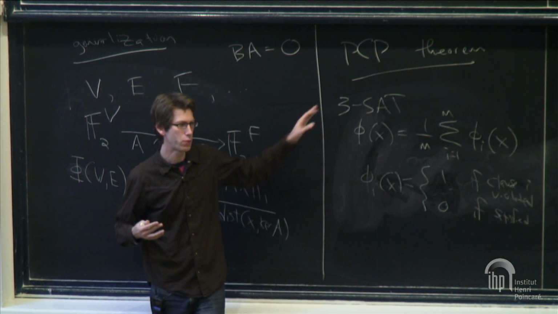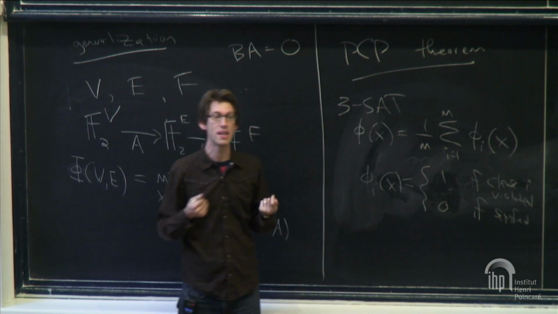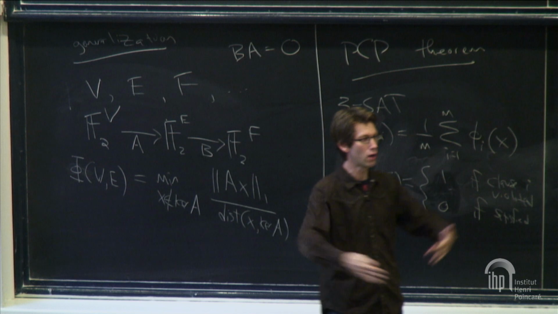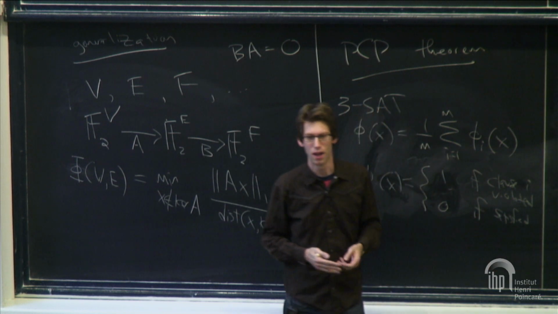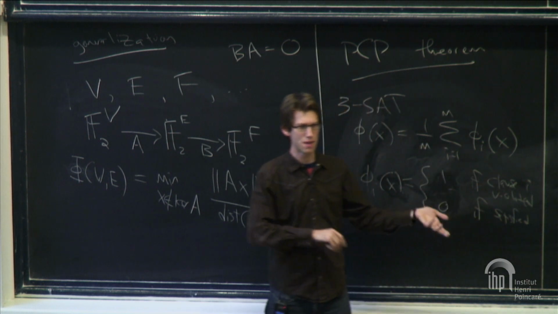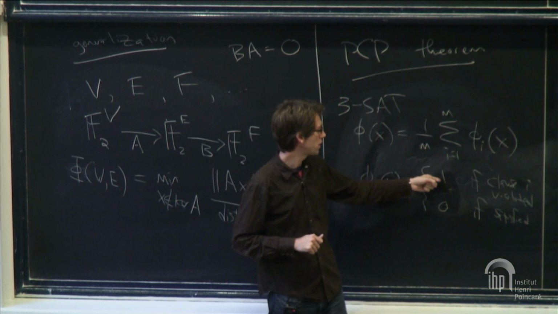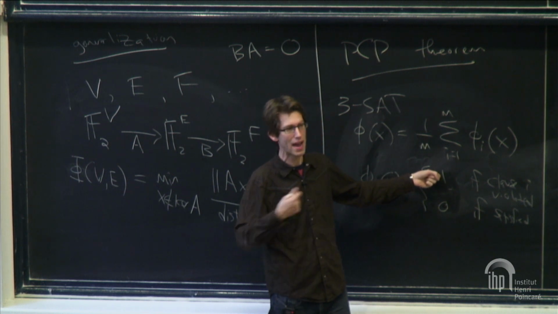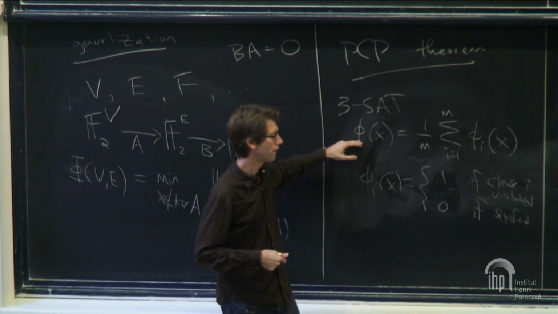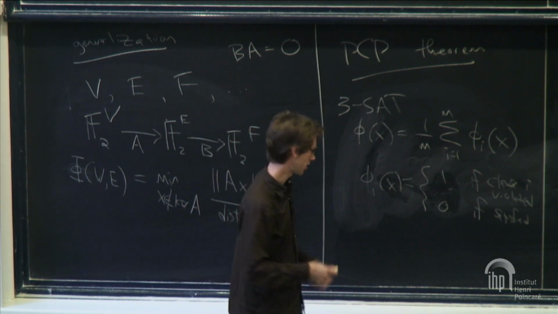Just to back up a step, 3-SAT, there are m clauses, each one of which depends on 3 bits. So it's some simple formula of 3 bits, and you'd like all the clauses to be satisfied. And there's some setting of the bits which satisfies them and other settings which violate them. Doesn't matter exactly what those settings are. But we'll just assign a cost of 1 for every violated clause and 0 to every satisfied clause. So this function phi of x represents the fraction of violated clauses.